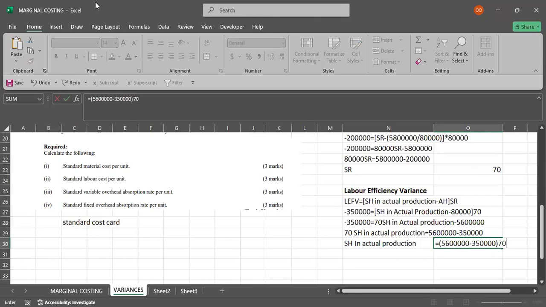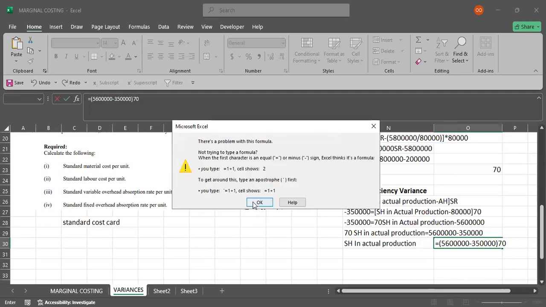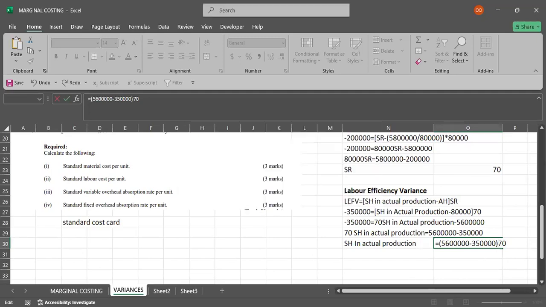Please give me your standard hours in actual production. Good. Somebody is telling me it's supposed to be 75,000. Great. Now that is standard hours in actual production.